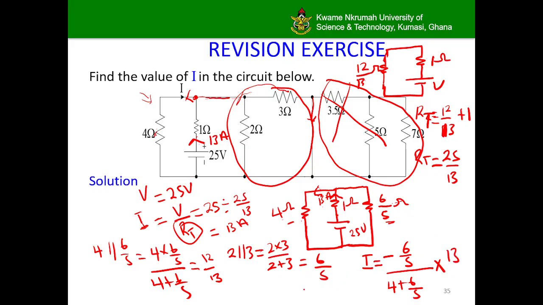And so once you resolve this, you get I to be equal to negative 3 amps. And so the current I that we were asked to find is equal to negative 3 amps.